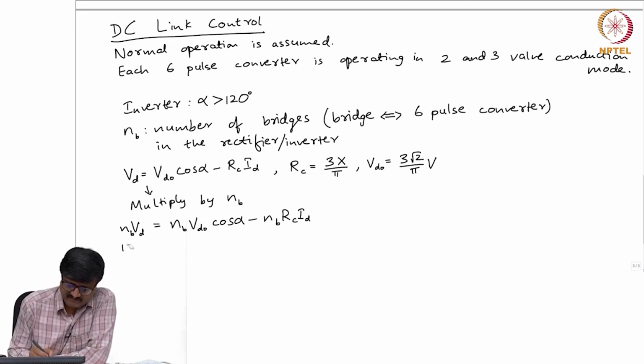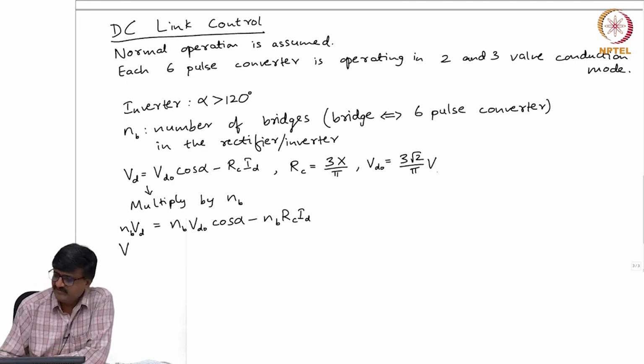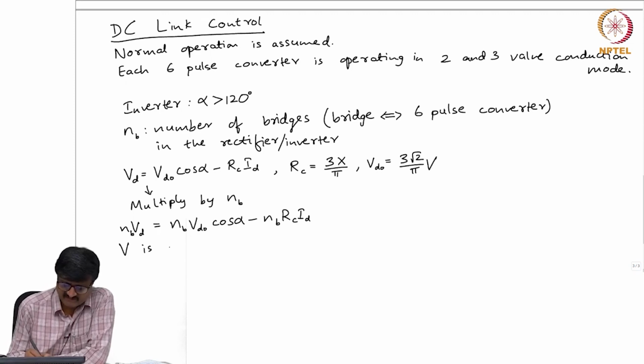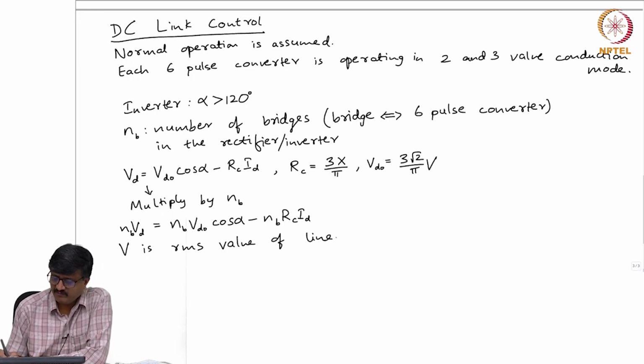So, the assumption is, see this V in the expression for VDO. There is a V in the expression for VDO. V is the RMS value of line to line voltage.